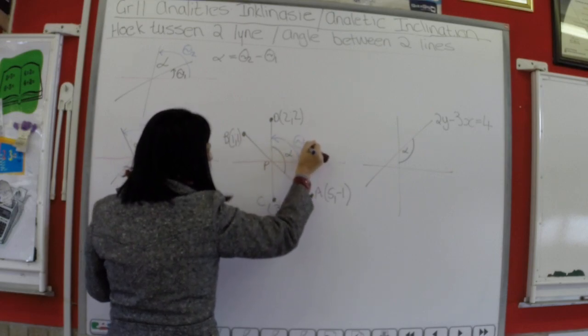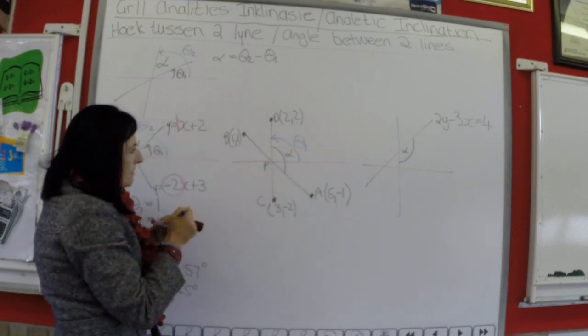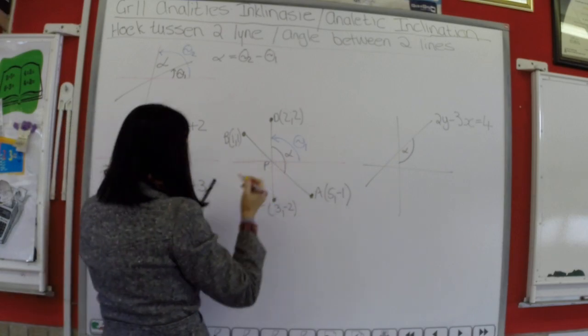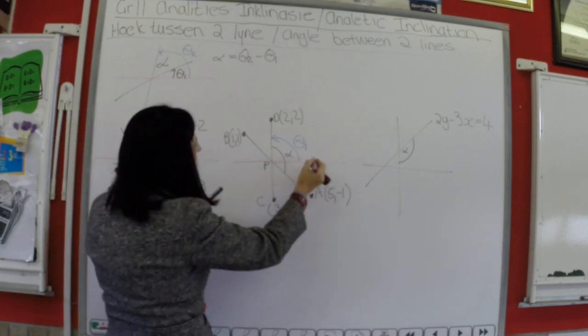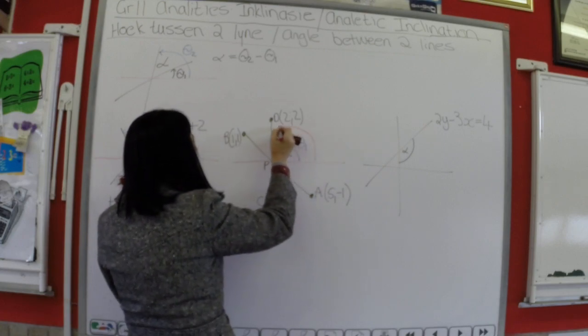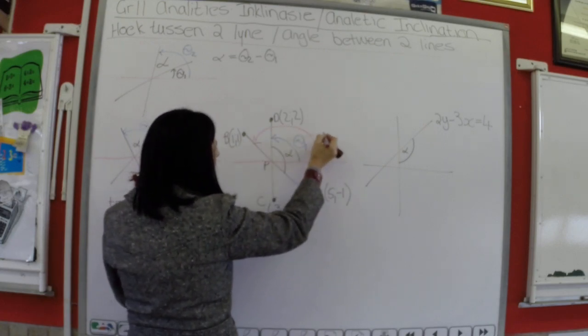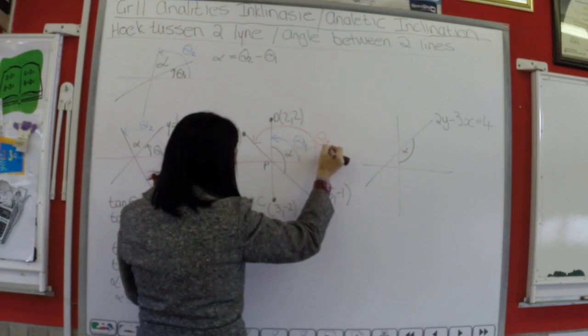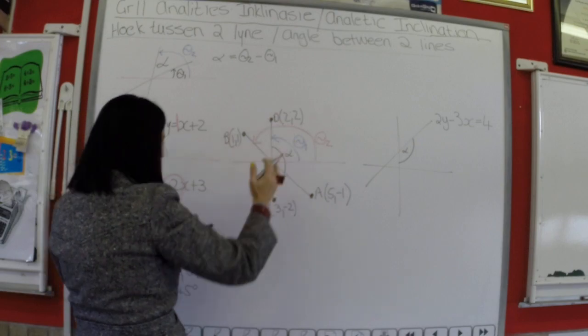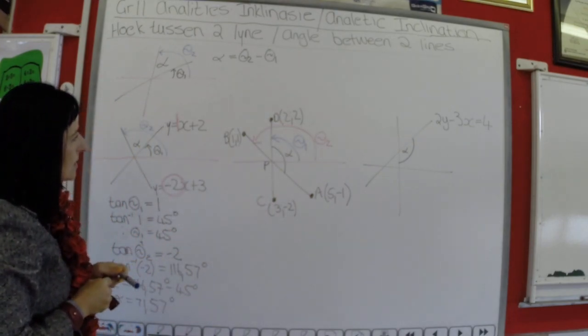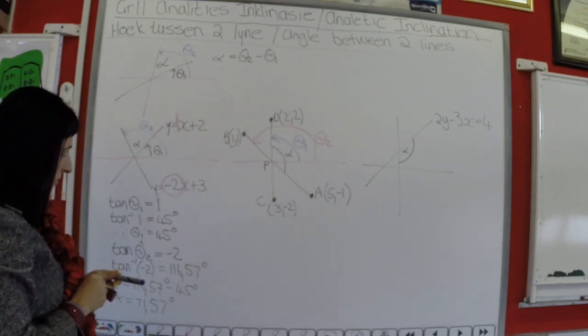Let's name that as theta 1. And then we've got a second one. Let's draw that in red. From the horizontal up to the line equals theta 2. Before we do anything else, let's quickly determine the size of these two, theta 1 and theta 2.